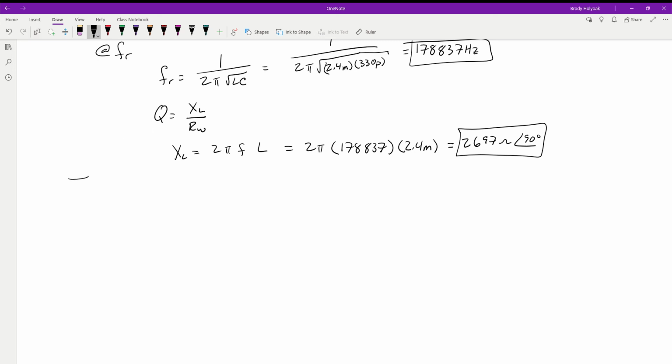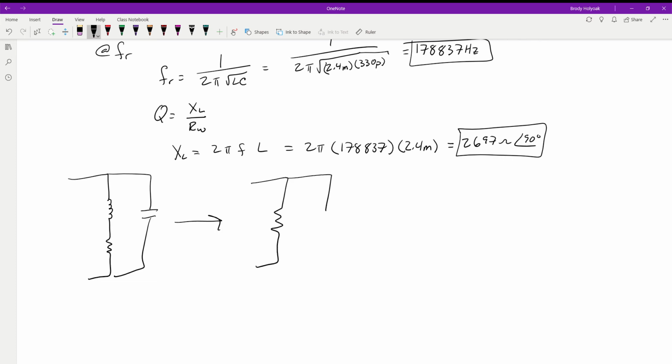So this is what we're trying to do right now, convert this guy into this. Like that. So this is our R equivalent, this is L equivalent, this is our capacitor. And like I said, this will make sense for why we're doing this and how it's going to make it easier for us to calculate.